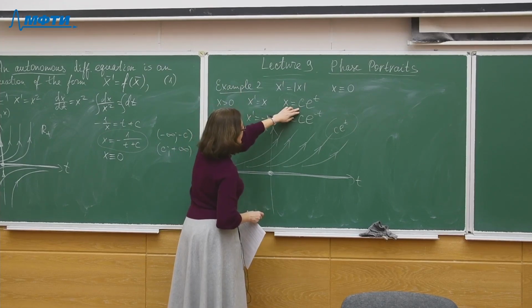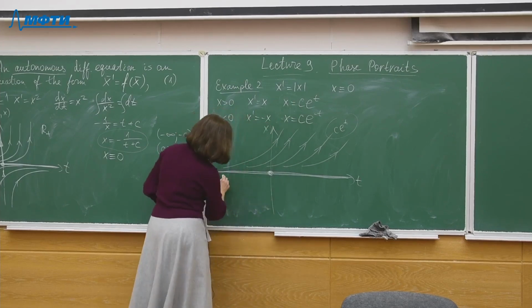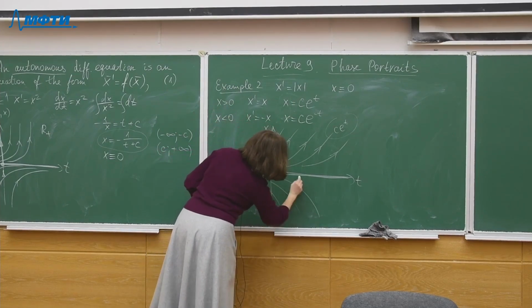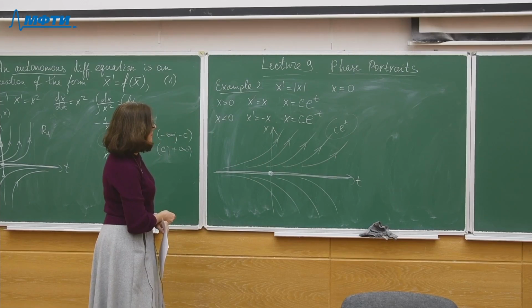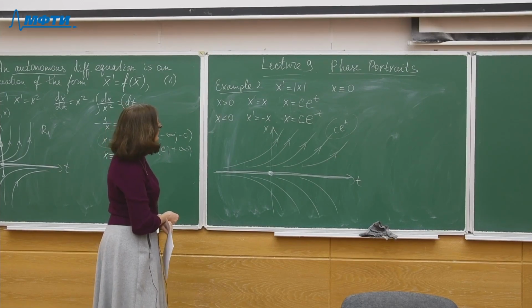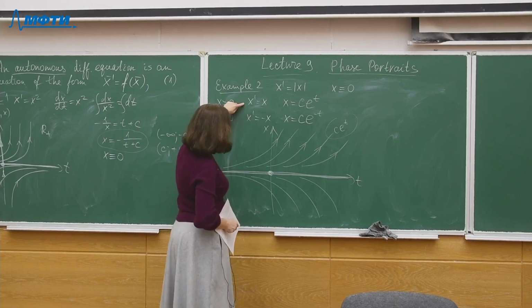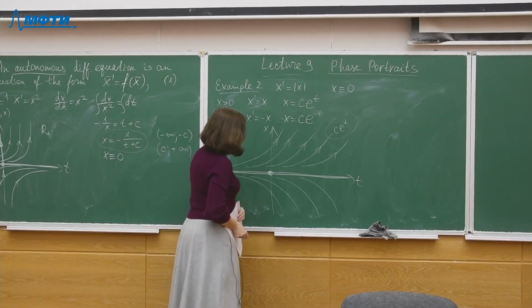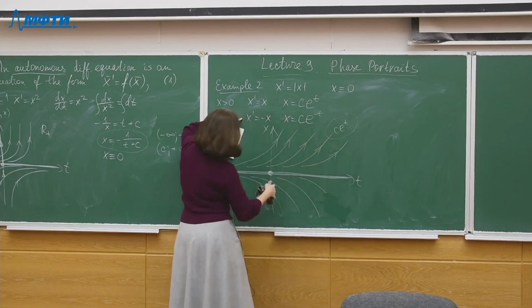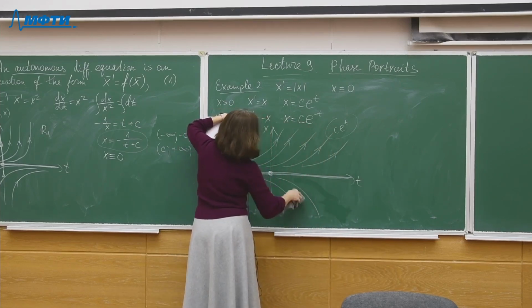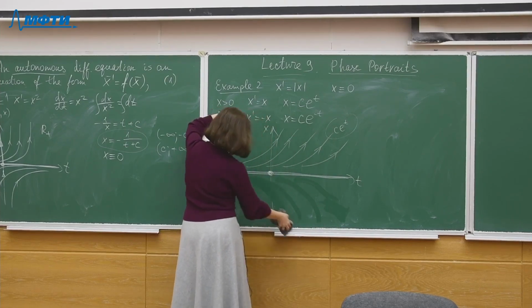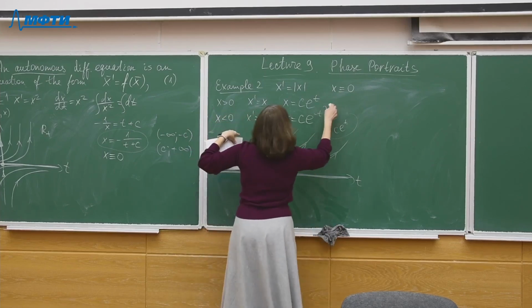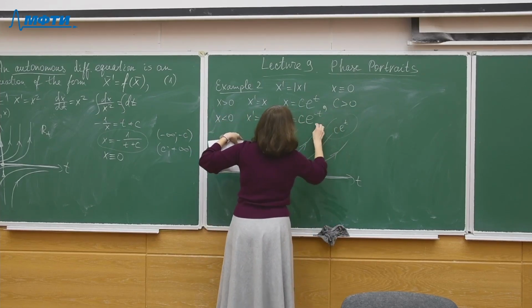C may be positive or negative. It will be something like this. Okay, so this is for x which is positive, and for negative, sorry, for negative it is not this. So this is for negative. Here c is positive, and here c is negative.